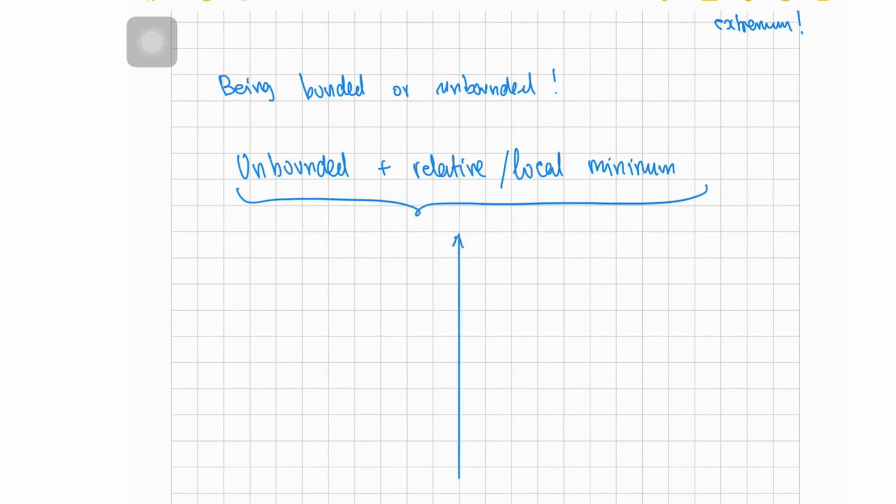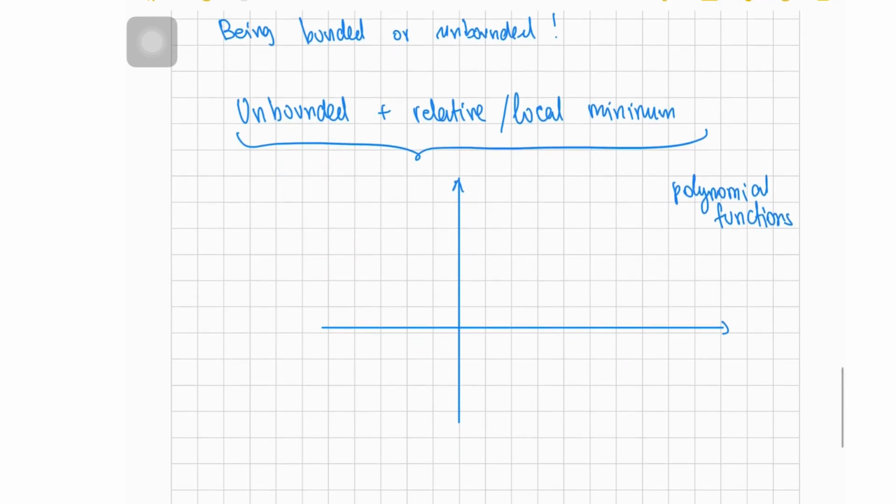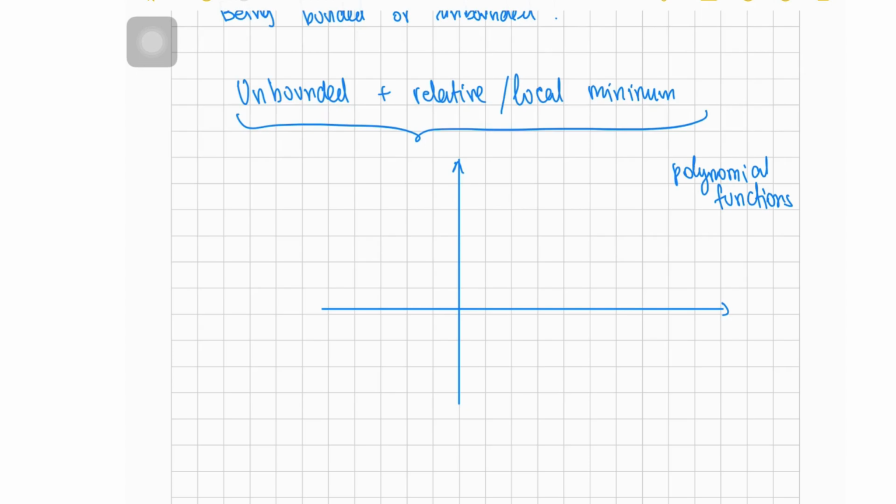So if you have the function, and this is the typical case with polynomial functions, which you can also think about, it can happen even if they are continuous. It can happen something like this, and then the function goes up.